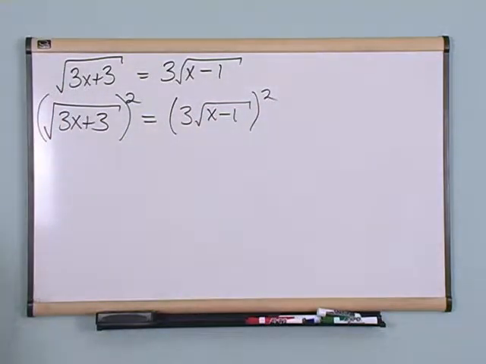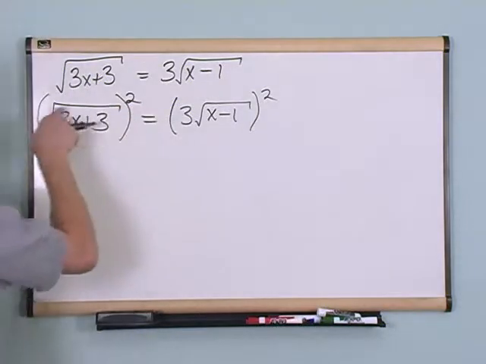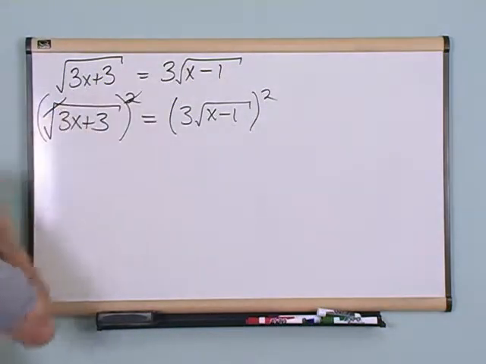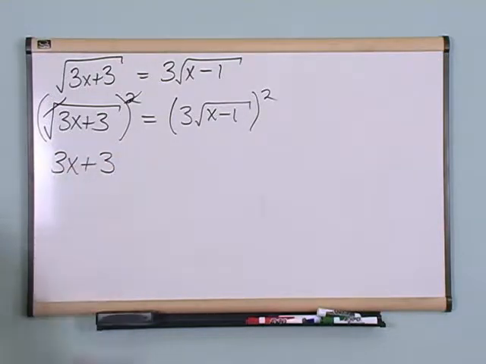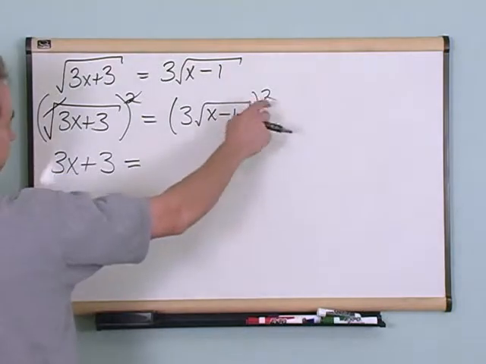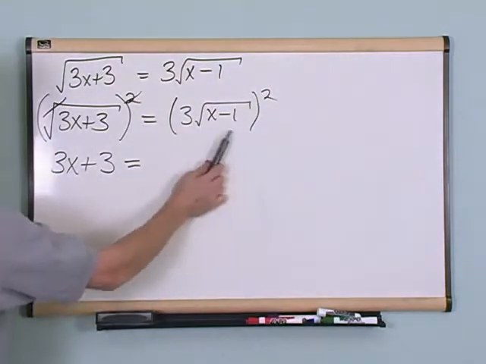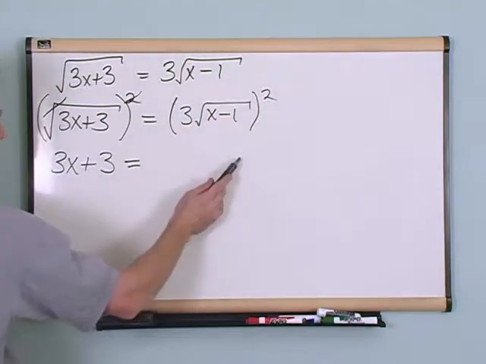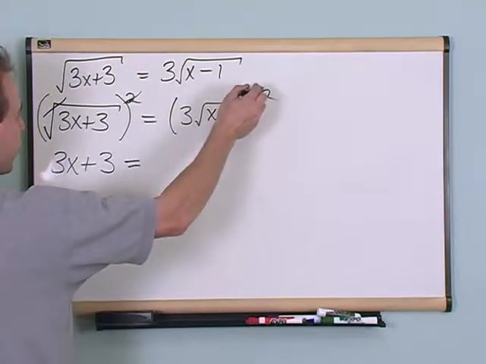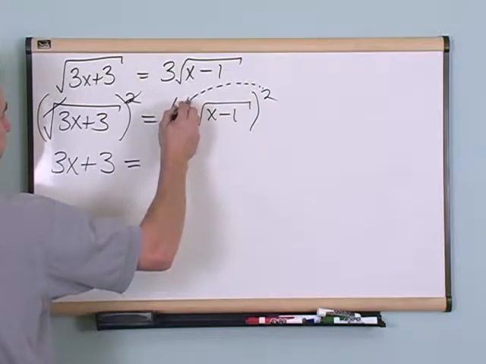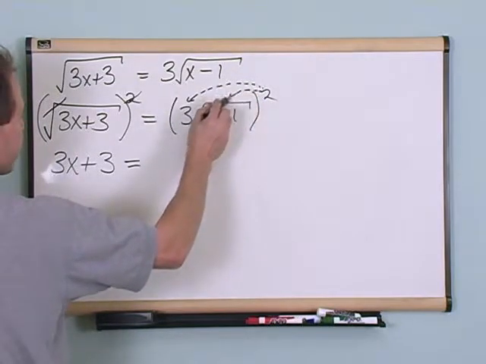That's no problem. On this side, the square is going to cancel with the square root, just like we've been doing all along, so I'm left with 3x plus 3. On the right-hand side, I'm going to have this square. When you have terms inside of parentheses and they're both raised to a power, you're distributing the power into both terms.